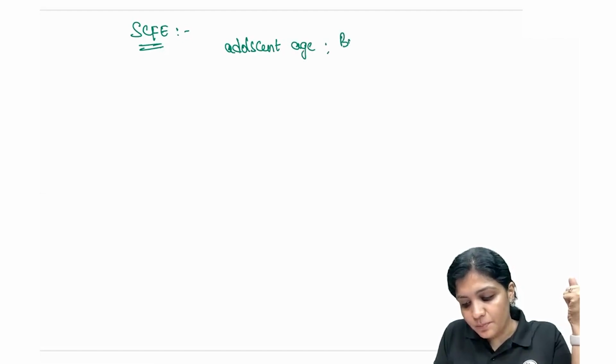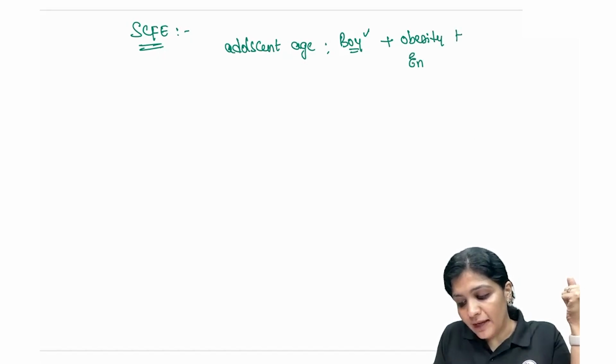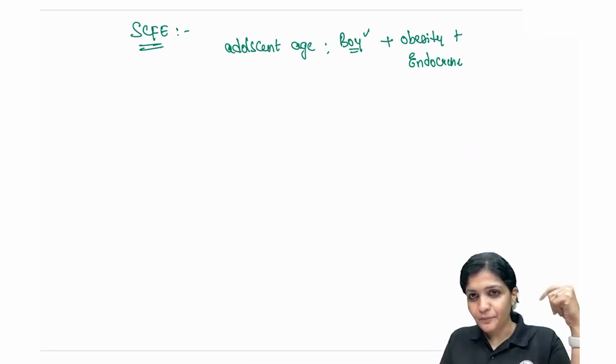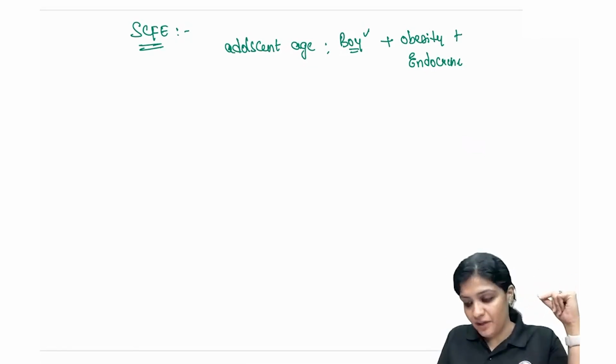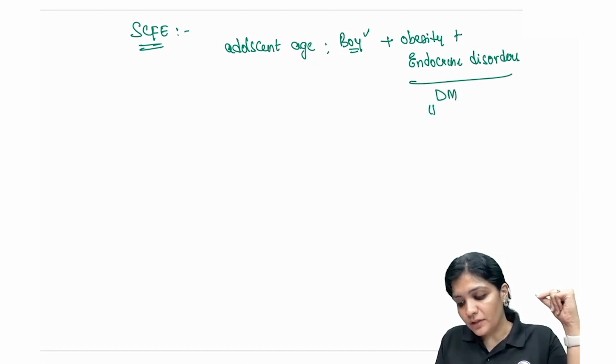And it could always be a boy with obesity and with endocrine disorder. So these are the qualities of a person with SCFE. What are the endocrine disorders? They present with diabetes mellitus or hypogonadism. So these are the things they present with.